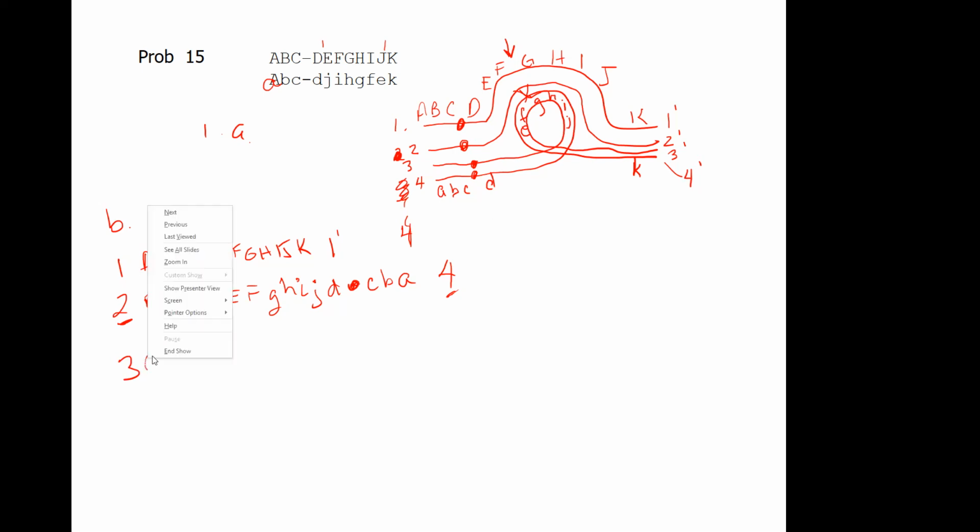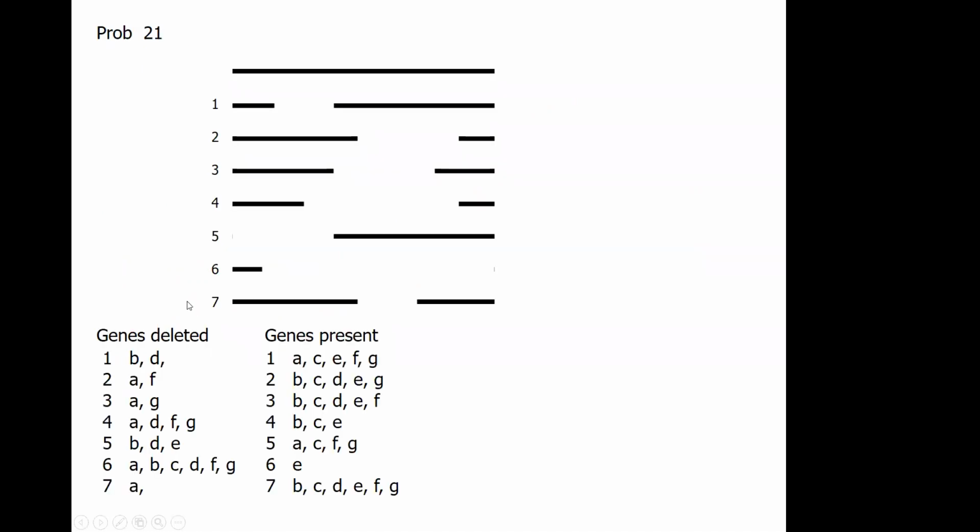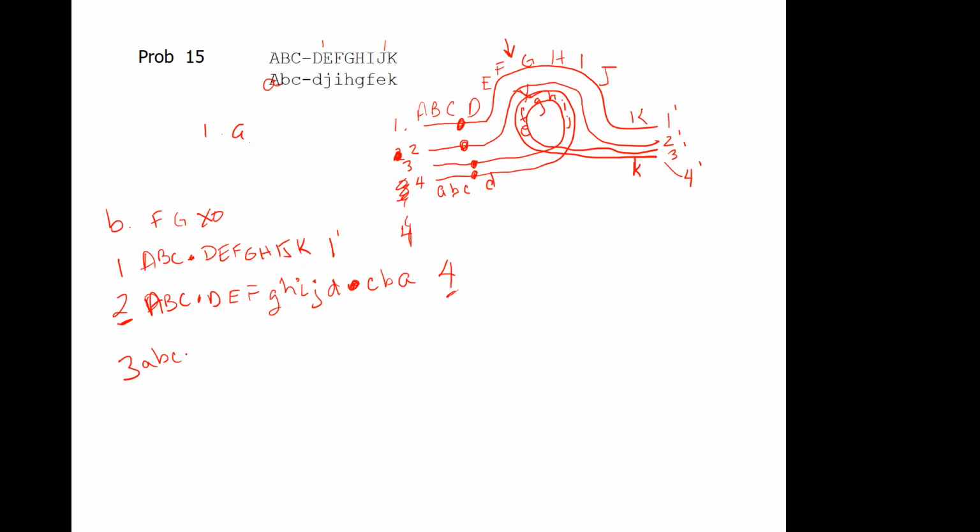So it's going to be in its original order, A, B, centromere, D, and then it's just its regular thing, J, and I, and H, and G, and a little F, and a little E, and finally a little K, and you come out at 3 prime. My bad, 3 prime. You come out right here.